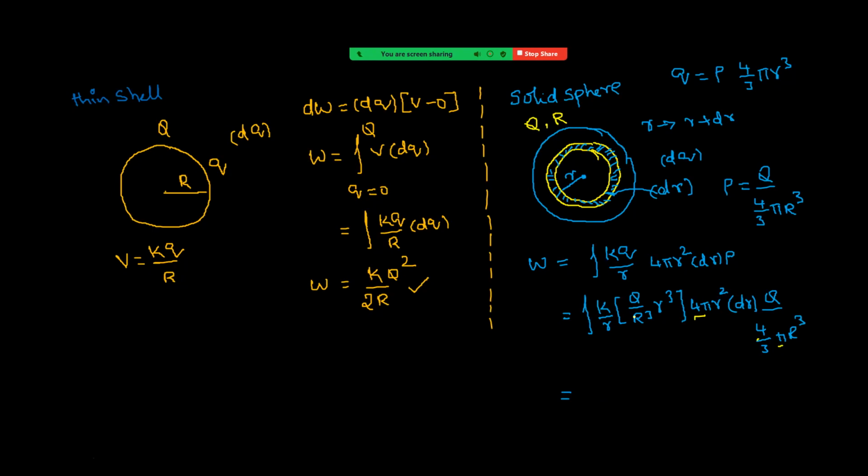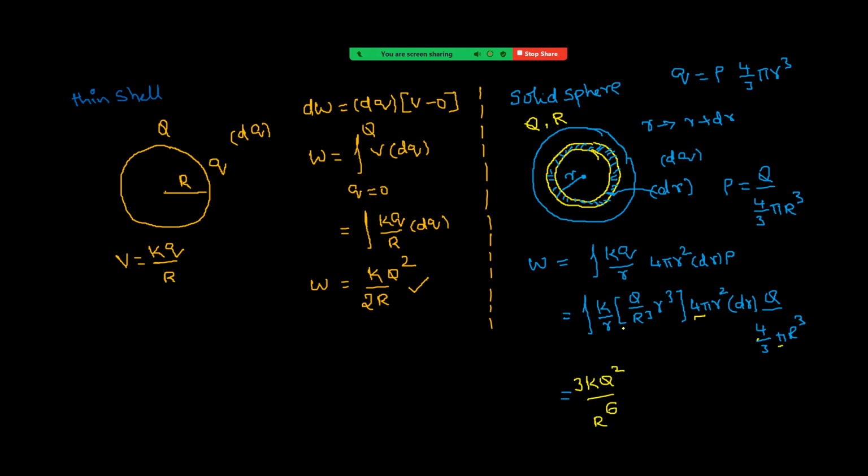I can take k q square, and 3 is also there, 3 is also there. So 3 here, 3 k q square. Remaining is now r cube, and this is r cube, r power 6. R power 6, I'm taking constants outside.